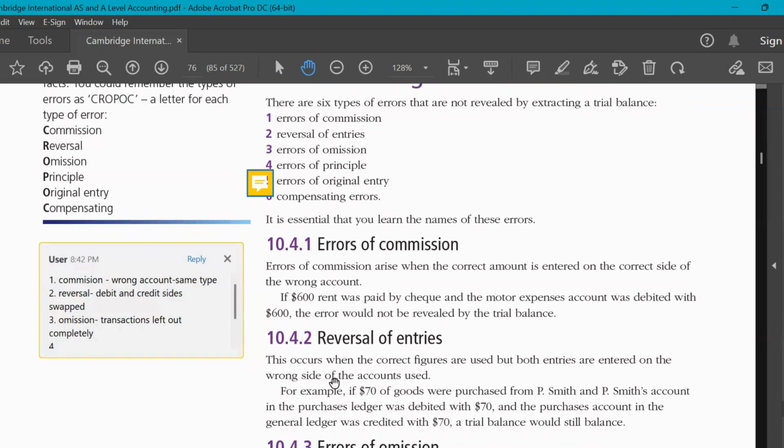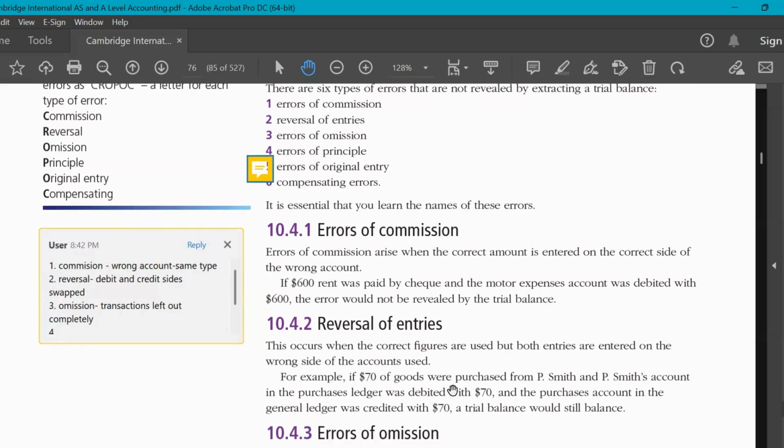When we say reversal of entries, this occurs when the correct figures are used, but the entries are entered on the wrong side of the accounts. So the correct figures are used, but both of the entries are posted to the wrong side of the accounts.